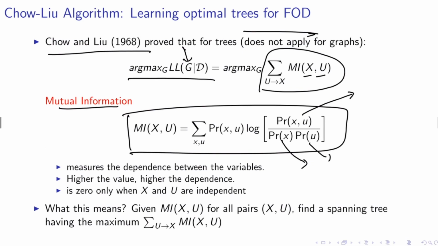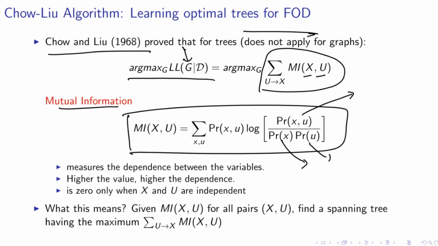Okay? So what the mutual information does is, at a very high level, it measures the dependence between two variables. Higher the value of the mutual information, higher the dependence. Okay? And mutual information is 0 when X and U are independent.